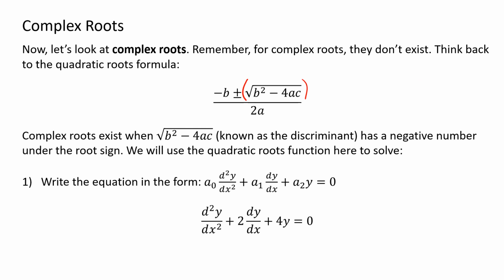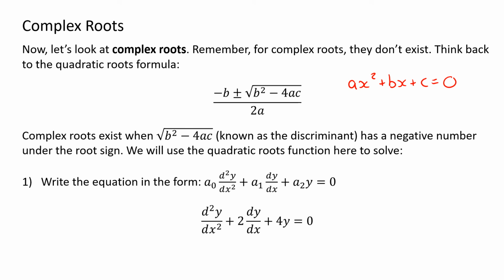So with complex roots, we actually have to use the quadratic roots formula, okay, which I've provided here. As you remember, it's negative b plus or minus the square root of b squared minus 4ac over 2a, where a, b, and c are from ax squared plus bx plus c equals 0.